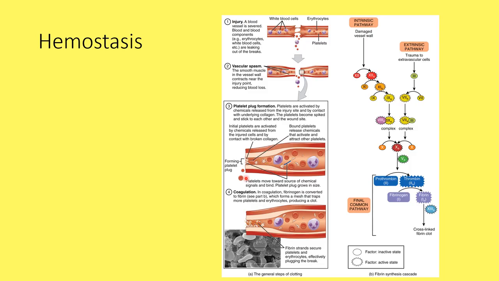And if you're thinking, why aren't they sticking to them all the time? Because the fibers are not exposed in a non-injured, nice, healthy blood vessel. They only become exposed when you've had this tear or cut or whatever caused the injury here. Now the blood platelets are going to come in and they start to stick.